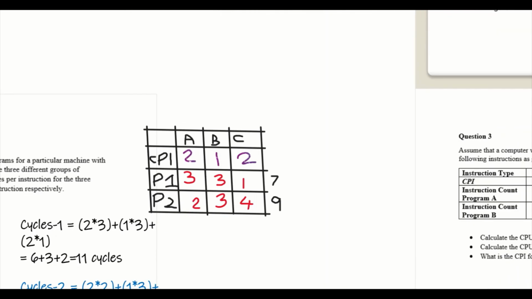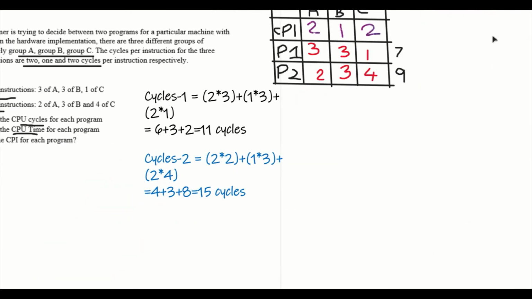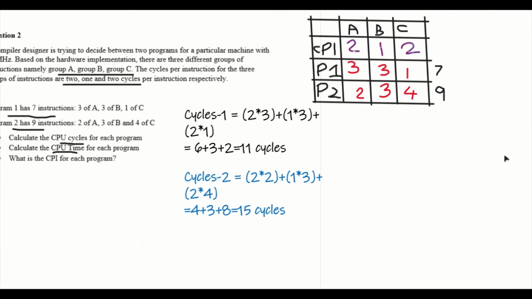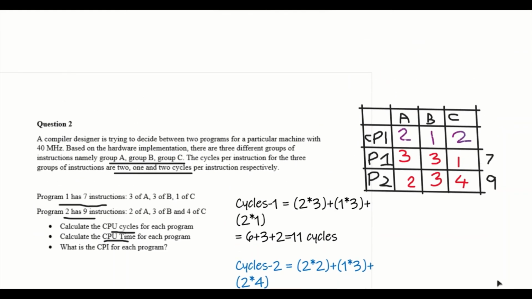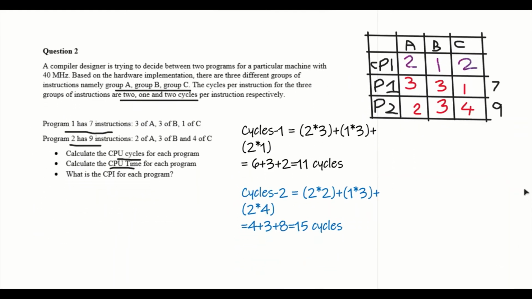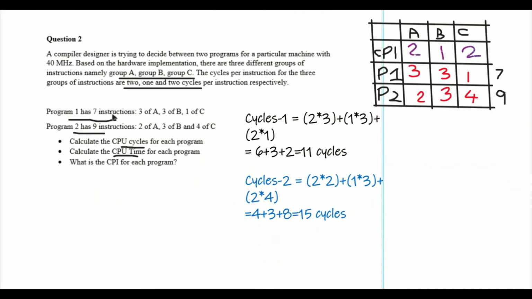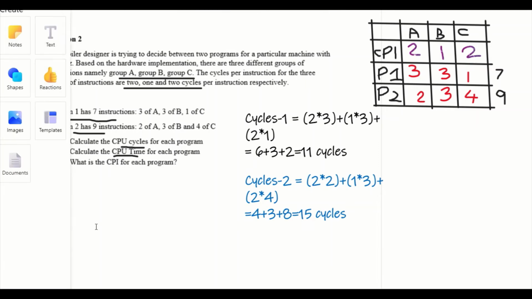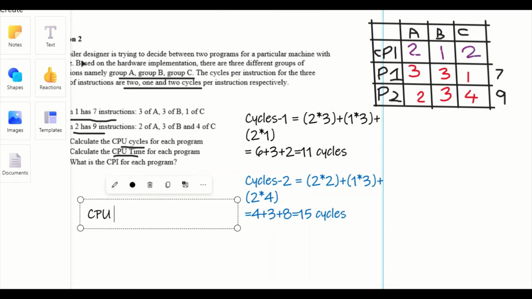So, where is my question? It's here. Let me move it. So, we now calculate the CPU time. CPU time for program 1. What I said: cycles divided by the clock rate.